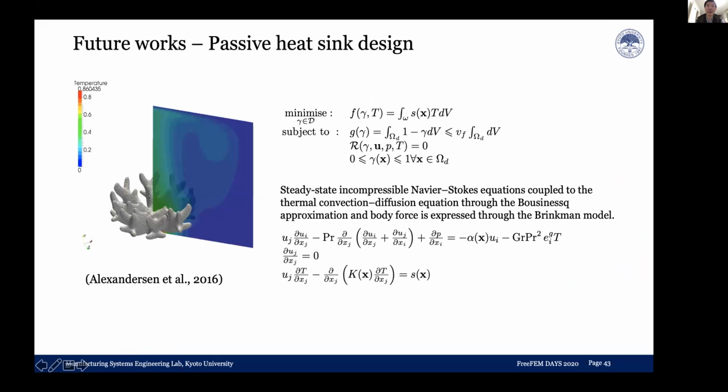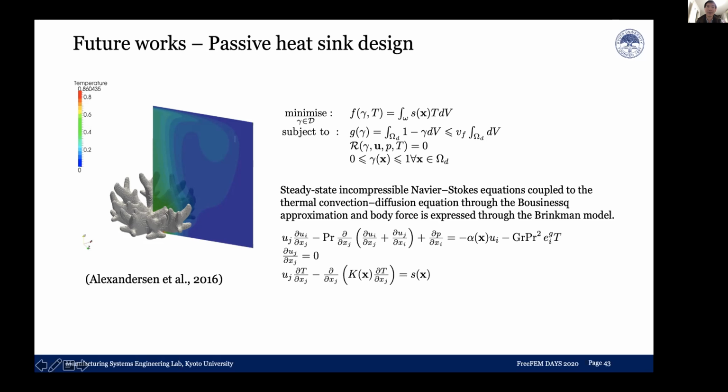In our future work, we will focus on the thermal fluid optimization problem. So we intend to design a passive heat sink cooled by natural convection. This result is cited from Dr. Joe Alexandersen from Denmark. They use the density method and fixed mesh framework.